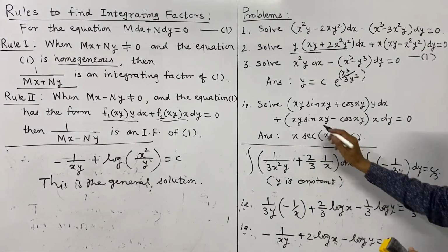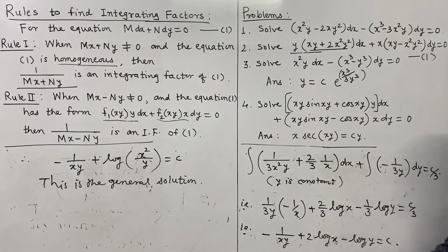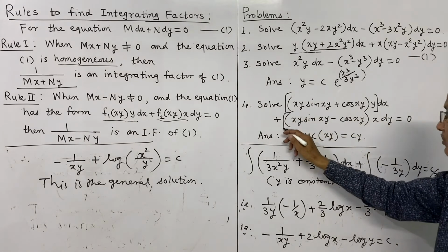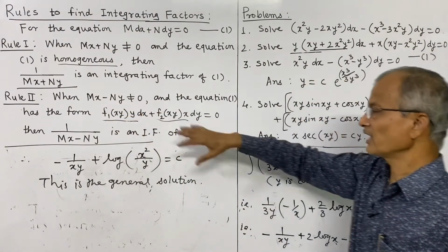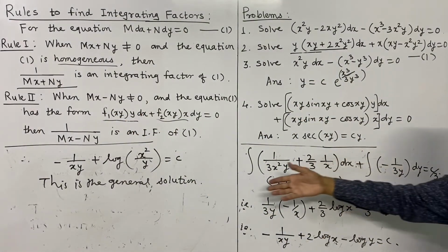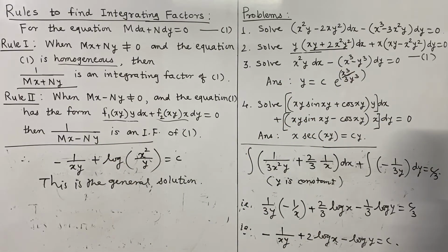So this value is m, and this value is n, the original values of m and n. Find out mx minus ny, check it is not 0, and then this is the integrating factor. We have solved this type of problem also.